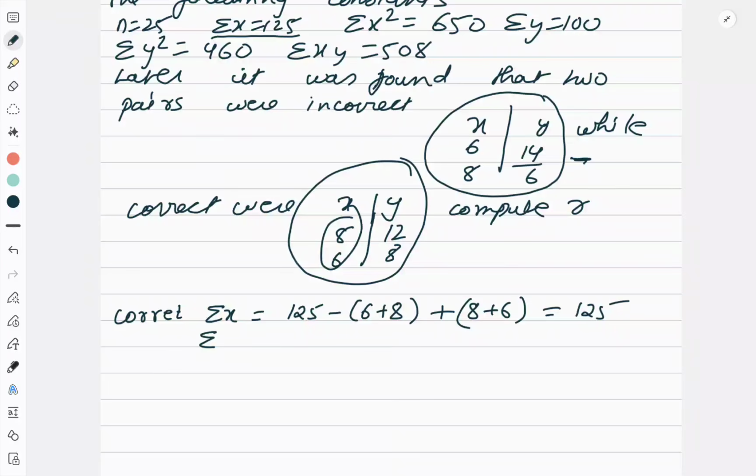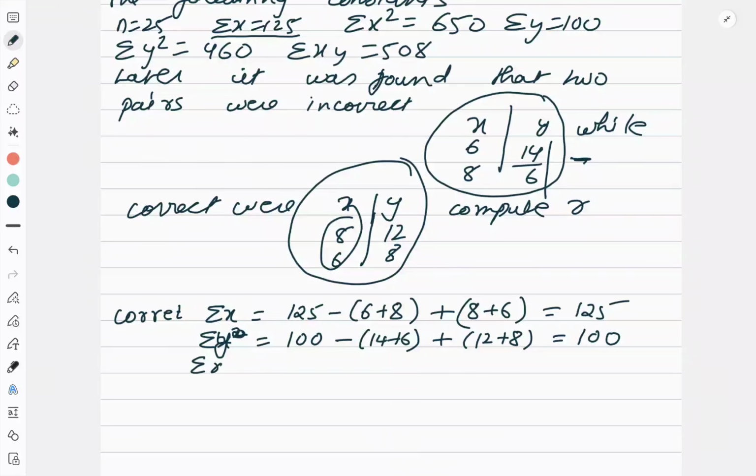Now let's see the correct value of summation y. The y value they have given is 100. So write 100 minus the wrong values, 14 plus 6, because this is the wrong value so it has to be subtracted, plus the correct values, 12 plus 8. So the actual value came out to be 100.